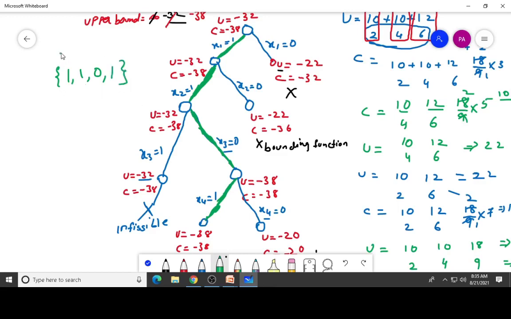So this is x1, x2, x3, x4, and this is the answer. When I am adding these, what is the total weight? M is equal to 15. So this is the final answer.